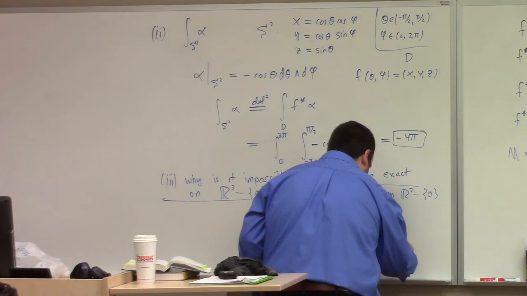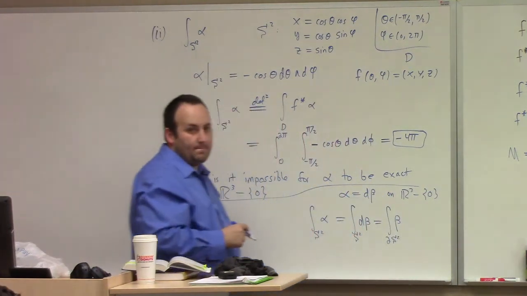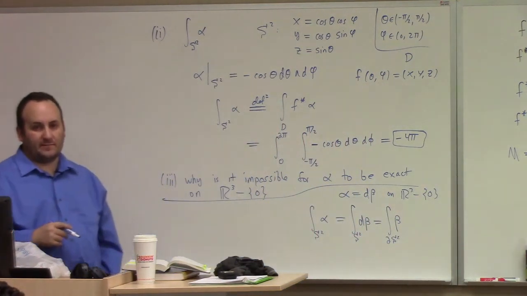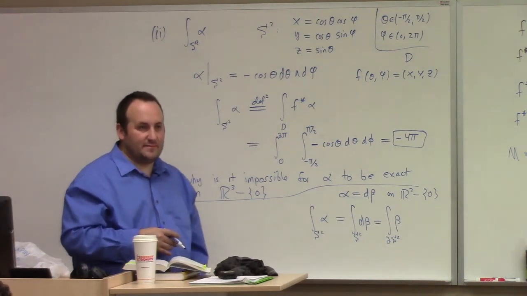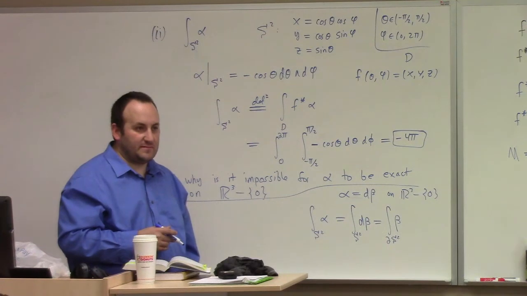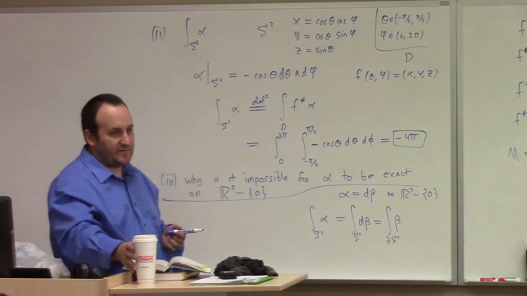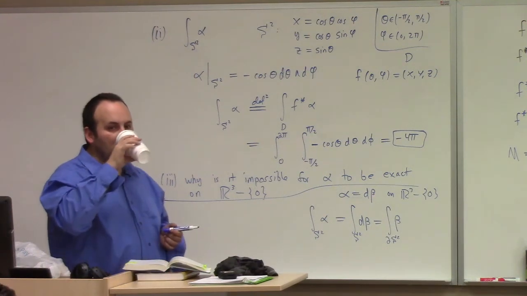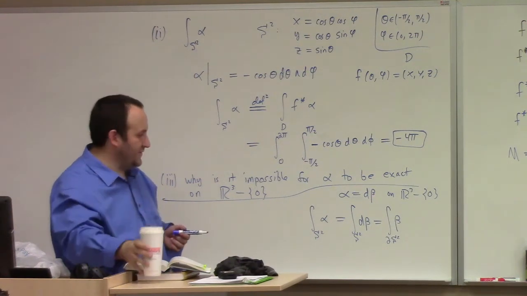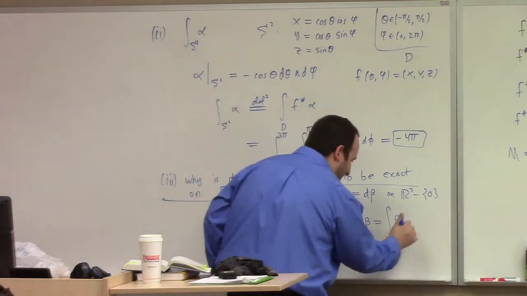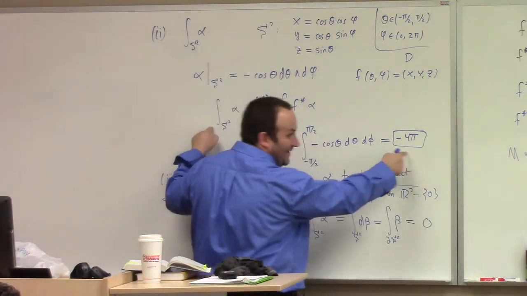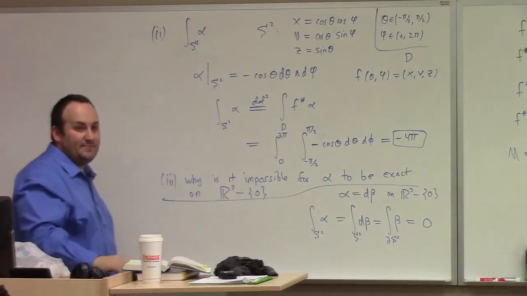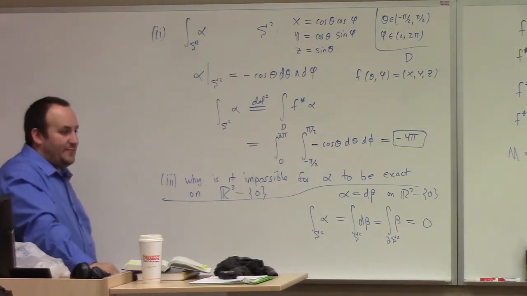What is the boundary of the 2-sphere? The boundary of the 2-sphere is nothing. It's a closed surface. Closed surfaces have no boundary. So this being the empty set, this is 0. And yet, we just worked out it is minus 4 pi. We cannot have minus 4 pi equal 0.